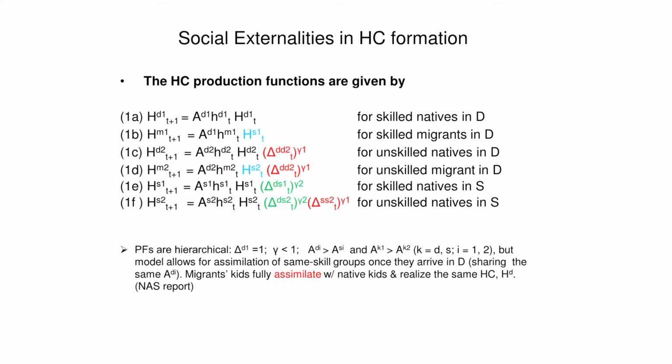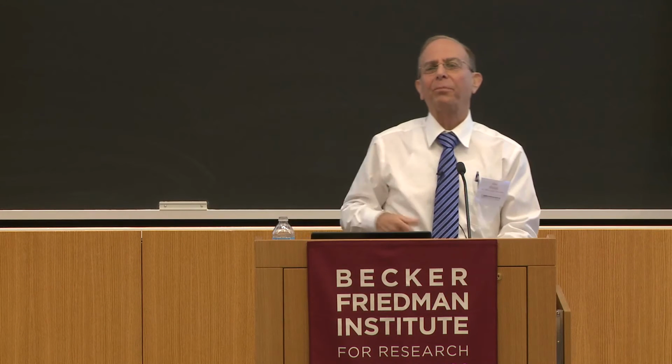But the important thing is that the children of immigrants assimilate entirely. There is a complete assimilation between kids of immigrants and natives once they are in the United States. That may sound far-fetched, but it's actually compatible with the results of another panel that works parallel to the panel that I'm in, that actually studied the pattern of assimilation.